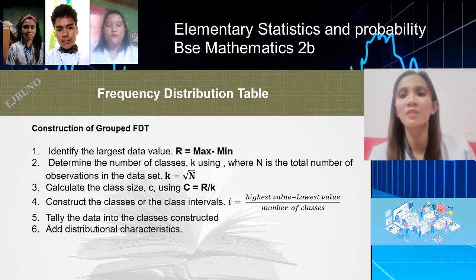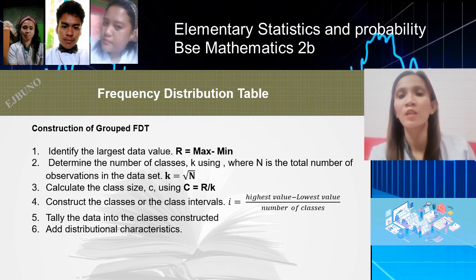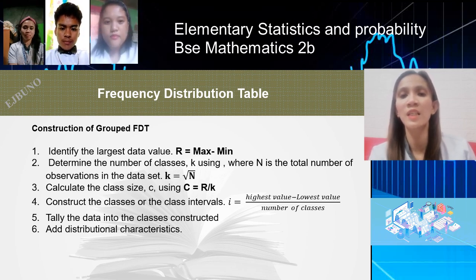A class interval is defined by a lower limit and an upper limit. The lower limit of the lowest class is usually the minimum of the dataset. The lower limits of the succeeding classes are then obtained by adding C to the lower limit of the preceding classes.